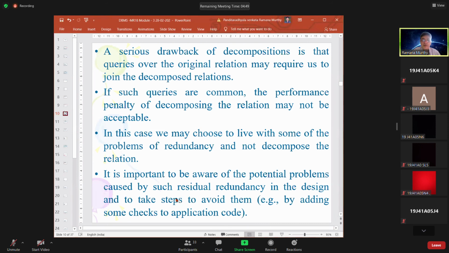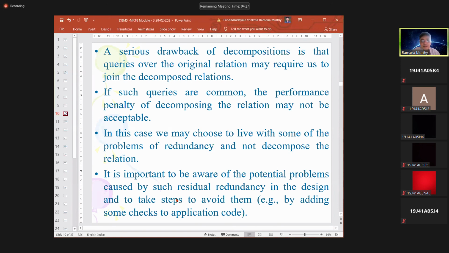Be careful, through queries only we are joining the tables, and through joining the tables only we are getting the original table. Whenever you want to check the original data, you need those queries. Once again, it is one more burden on us.